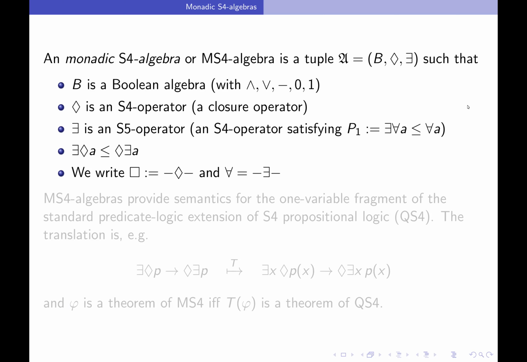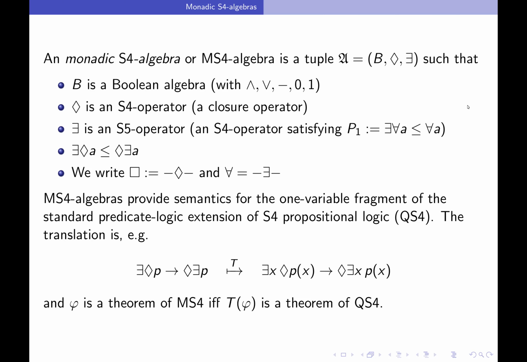So why would we look at these? Well, these can be viewed as semantics for the one variable fragment of predicate S4 logic, right? If you start with a propositional logic like S4 modal logic with the box, there's a standard way to add quantifiers to it and to get a full first order version of that logic, which I would call QS4.